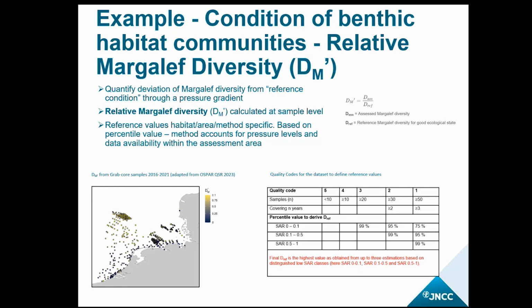That might be from high to low pressure, and it looks at how this diversity value changes to produce an assessment or indication of the state of the sediment communities. As you can see from the map there, it only has data points directly from where monitoring data has been collected or the seabed has been sampled. So unlike the previous example, it doesn't map over a larger area.